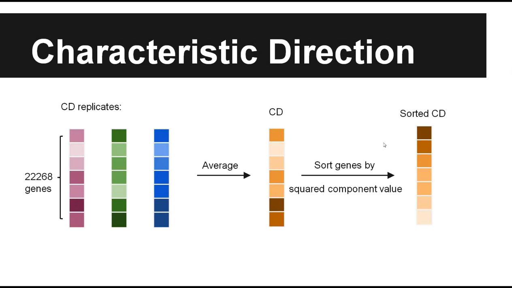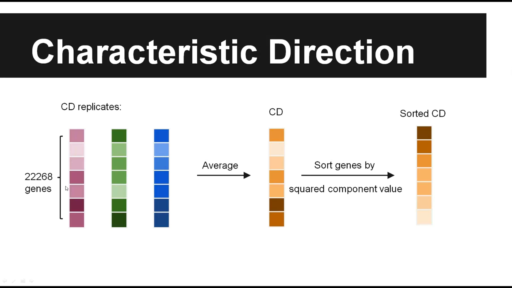So then we enter into the second part. Here our task is to identify the significant differentially expressed genes. Still the characteristic direction approach, but now instead of using the 1000 landmark genes, we use the 22,000 genes.